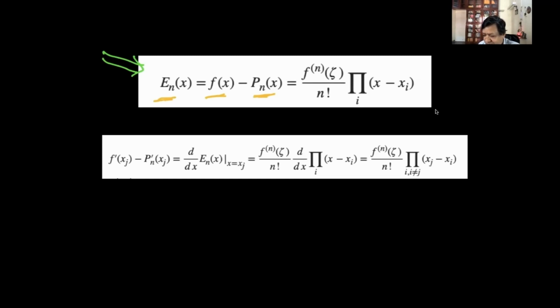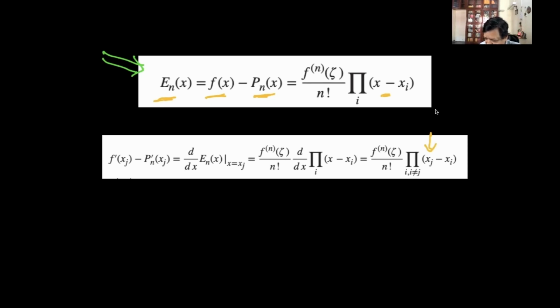Now I want to compute the derivative, so I just take the derivative of this, and compute it at a given x_j. We can take the derivative of this, and it happens to be this function: the product of (x_j minus x_i), for i not equal to j. If i equals j, then it becomes 0.